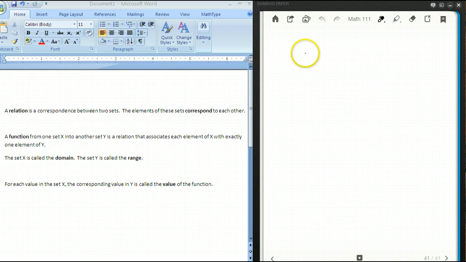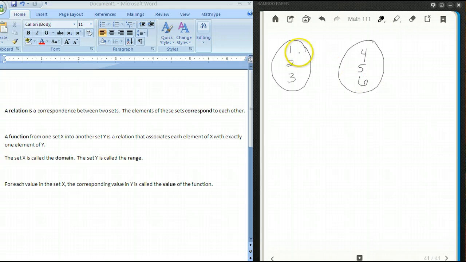So let's use a mapping to show a relation. Remember, we can use a mapping to show a relation by using these two circles, and putting some numbers inside of them, 4, 5, 6, just for fun. A mapping shows a relation by showing that values in this set correspond to values in the other set.